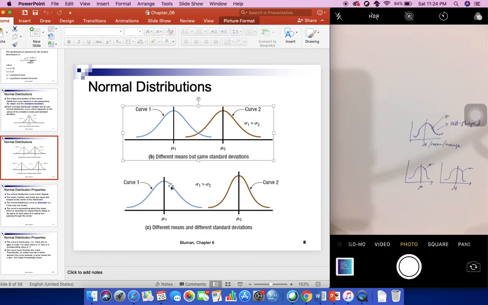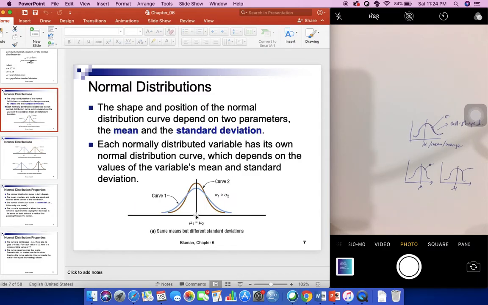Curve 2 is higher compared to curve 1, and curve 1 is shorter than curve 2. This one has the same mean but different standard deviations. You can see that curve 1 is shorter than curve 2.